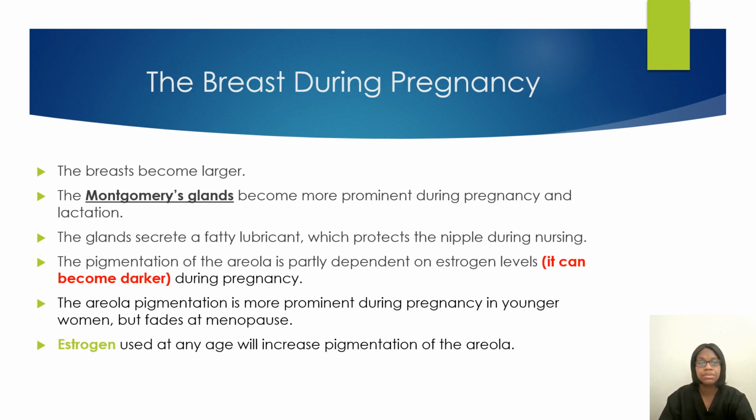The Montgomery glands become more prominent during pregnancy, and you also have a fatty lubricant that helps protect the nipple during nursing. The pigmentation around the areola can become darker due to hormones, the estrogen level in the patient's body.